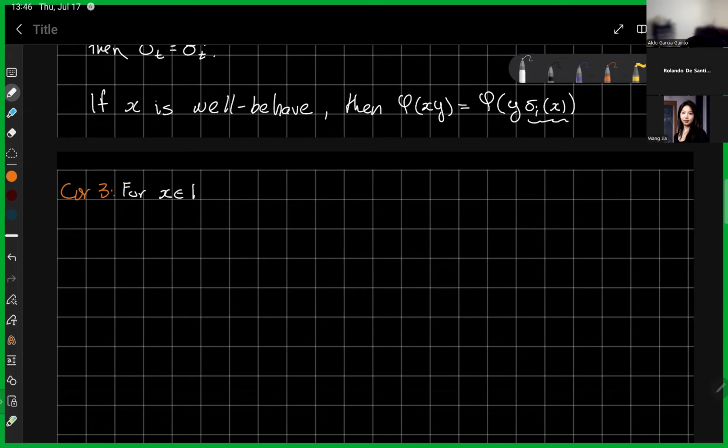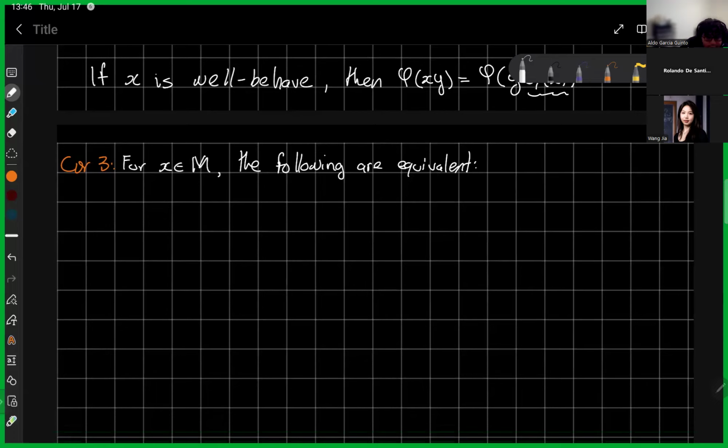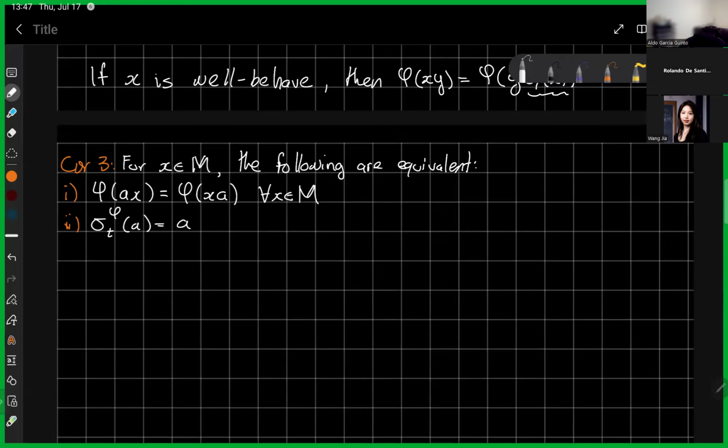Okay. So one of the corollaries that this gives us is, for x in M, the following are equivalent. If you can show that this equation holds for all elements, then this is the same thing as x being a fixed point.